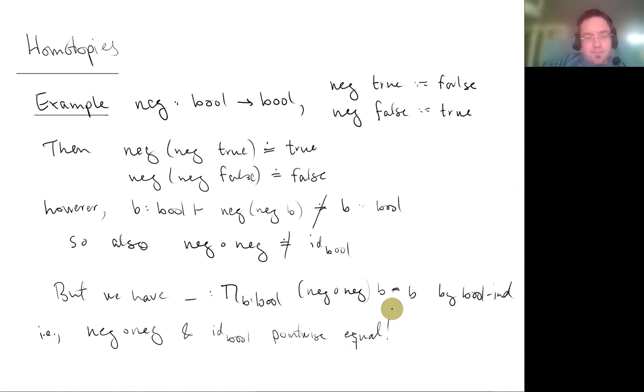as we'll now define. Okay, so here comes the definition. Let f and g be elements of a pi type.